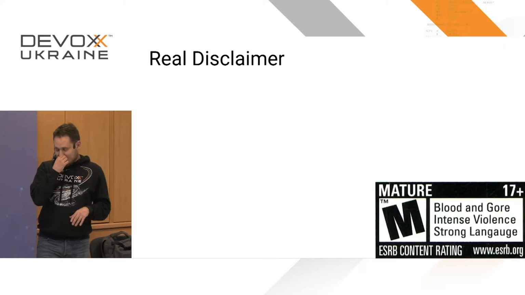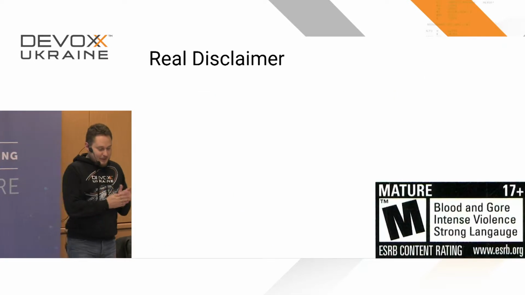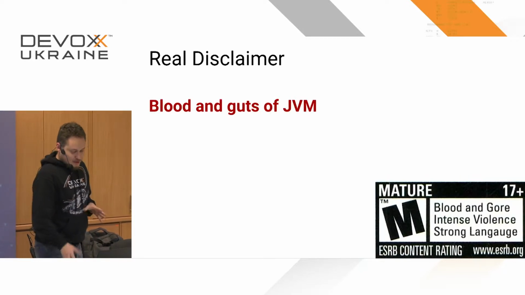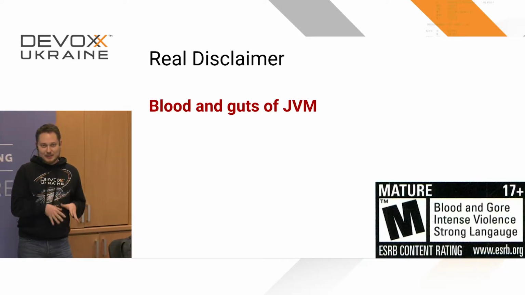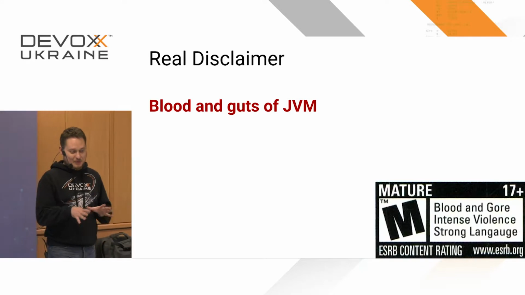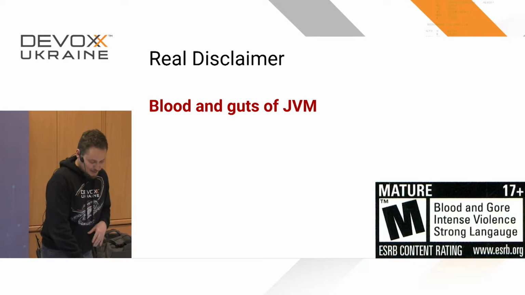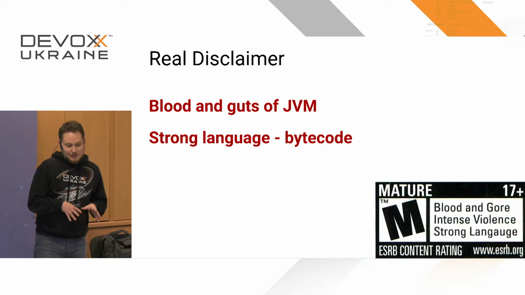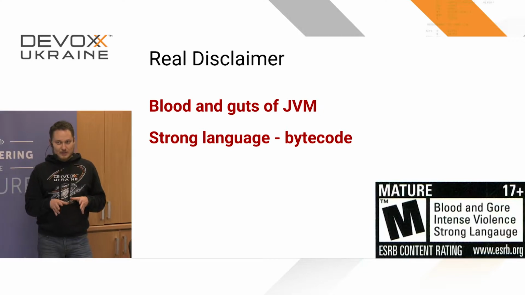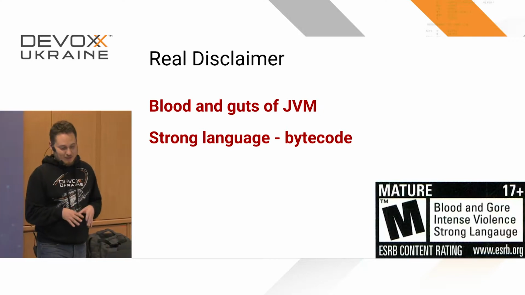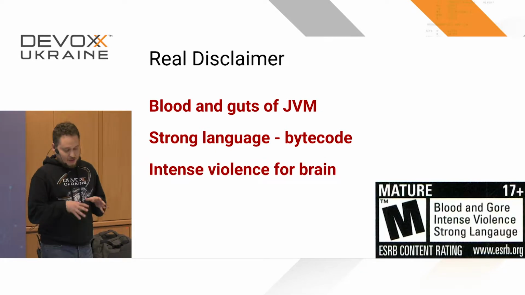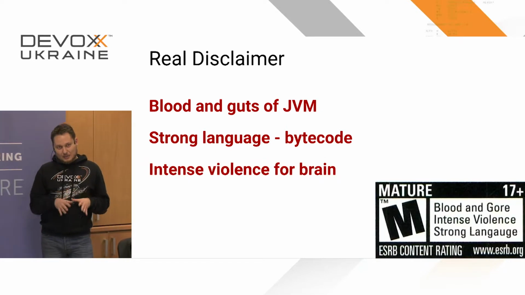And here is a real disclaimer, actually. So the real disclaimer is, sorry, we're going to look again into internals of the JVM. If you're not sure, maybe it's still time to leave the room. Sorry for that. We're going to use strong language. We're going to talk about a few aspects of bytecode. Sorry for this. I will try to do intense violence to your brain.